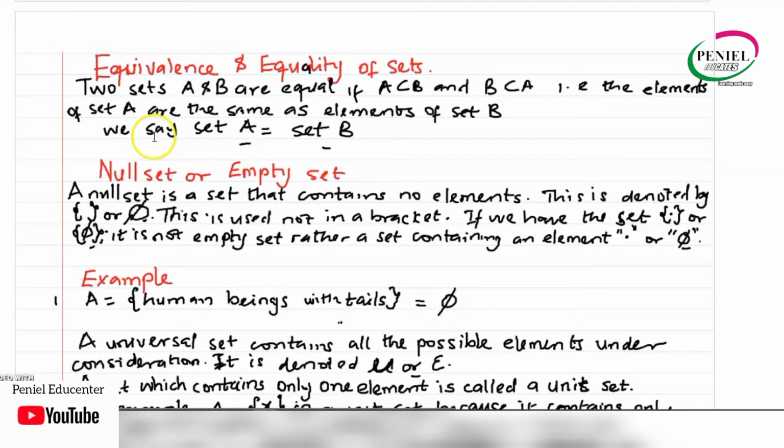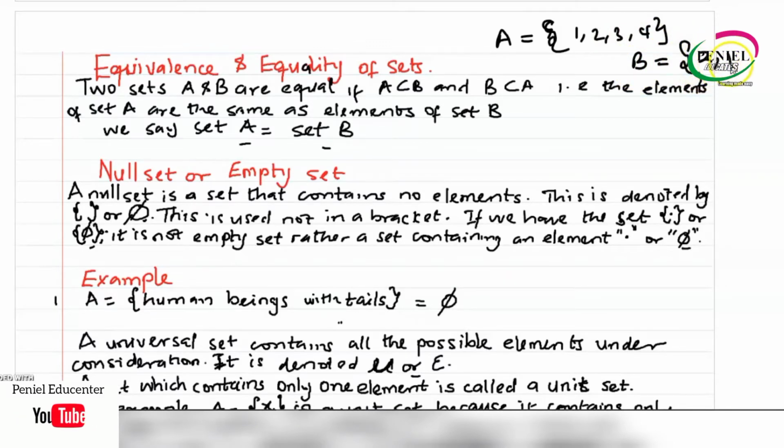Two sets A and B are equal if A is a subset of B and B is also a subset of A. That is, all the elements of set A are the same as the elements of set B. For example, if a set A is {1, 2, 3, 4} and you have a set B, irrespective of the order of arrangement, maybe {2, 1, 4, 3}, this has 1, 2, 3, 4 and that is 1, 2, 3, 4. So we can say set A is equal to set B.